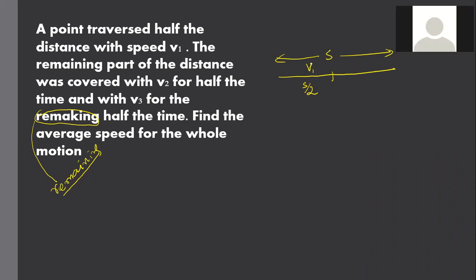The remaining part of the distance, half the distance actually, was covered with v2 for half the time and v3 for the remaining half. So if this time was, say, some T1, this T1 will be how much, children? S by 2 by v1.